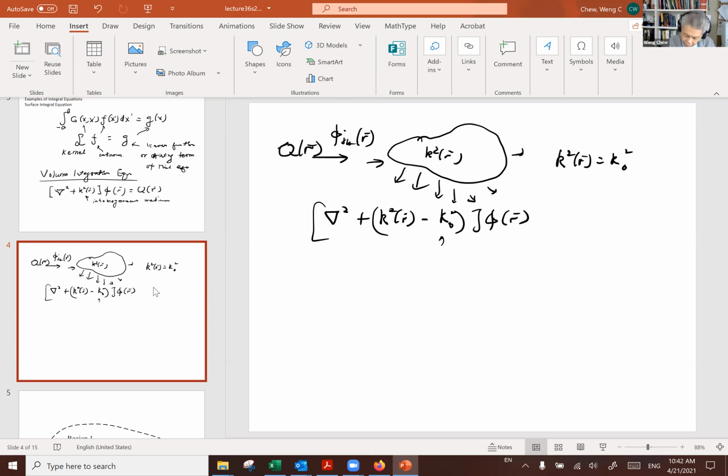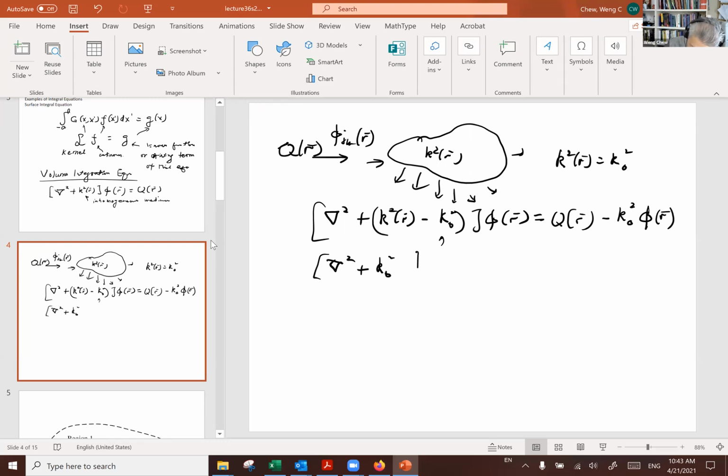I introduce a k naught squared on the left hand side, and so I should introduce a similar term on the right hand side. Okay, I introduced a k naught squared term on the left hand side, I better introduce one on the right hand side, and then I can rearrange this equation to look like phi of r, q of r, and then I take the other term to the other side of the equation. Okay, so far so good.